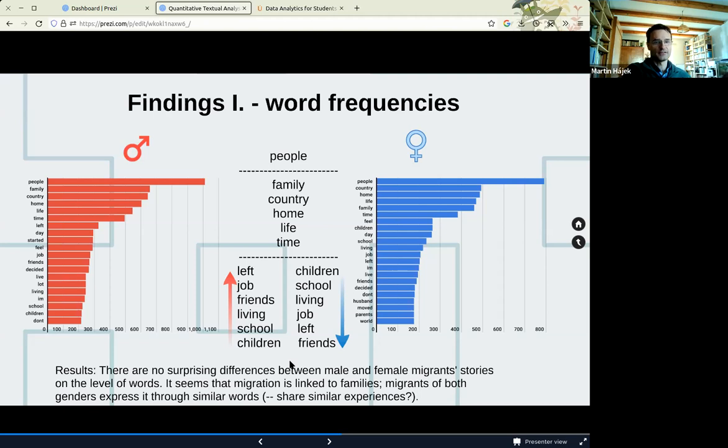So we have data, findings, and how to interpret them. First, there are no surprising differences between male and female migrant stories on the level of words.